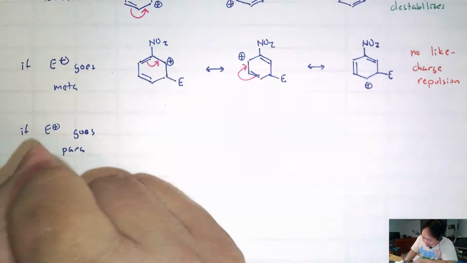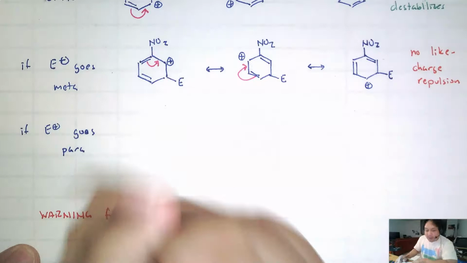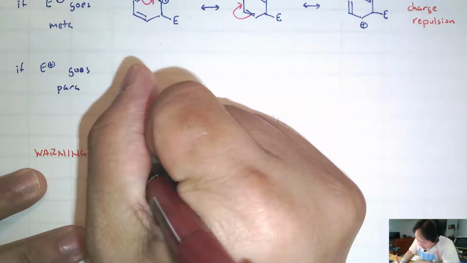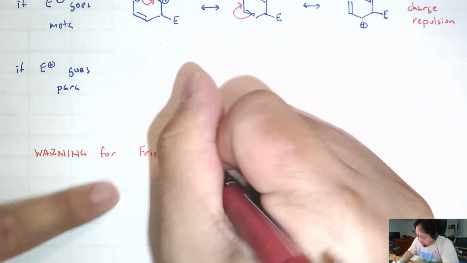is very important. This is another warning for Friedel-Crafts alkylation and acylation. It has to deal with having a bad group.